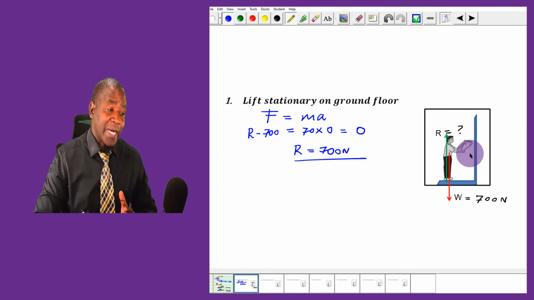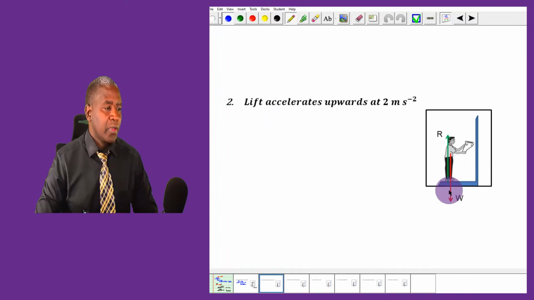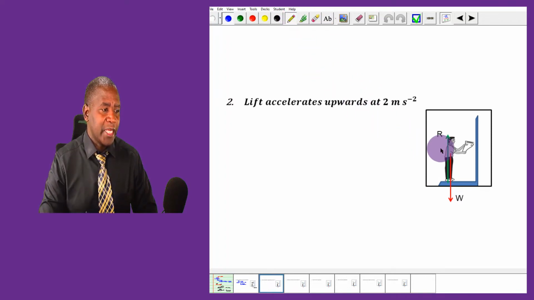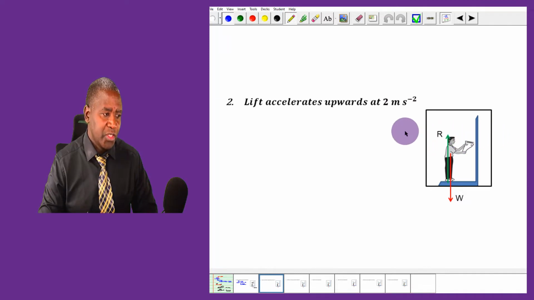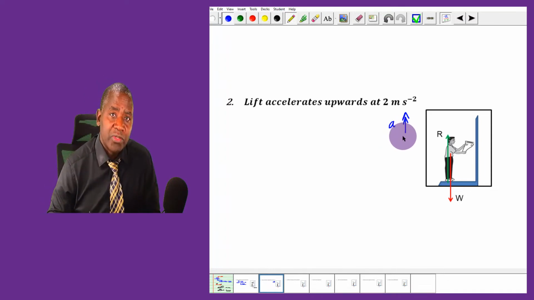Now let's look at a situation where the lift is accelerating upwards by a certain amount. Like in this case, we are told that the lift is now accelerating upwards with an acceleration of 2 meters per second squared. So I can put an arrow here, actually a double arrow. That's how we always represent acceleration, A. Now I can see that the acceleration is upwards. What have we just learned?